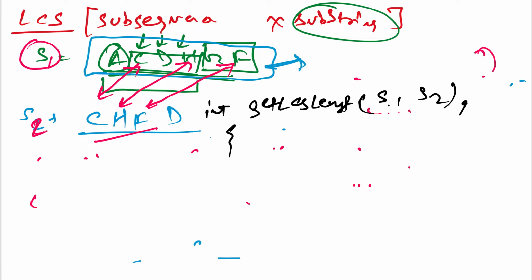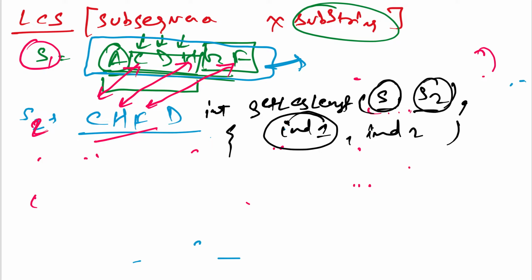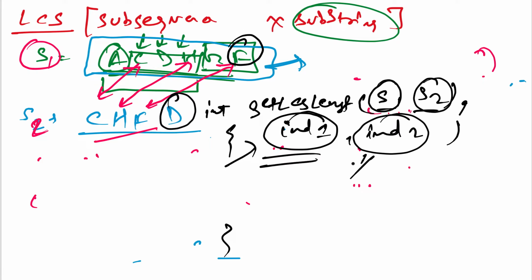Along with the strings, we can also pass indexes, let's say index 1 and index 2. What does it mean? We want to get the longest common subsequence of s1 and s2 considering up to index 1 and index 2. Initially we will pass these indexes in this function.